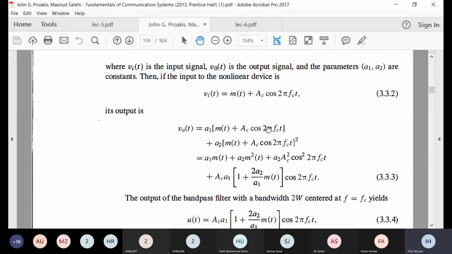So you can see you will be getting these two terms, and then 3 terms will come from the (A plus B) whole square term. So this comes from the square terms, and you will have one term m f1 of t, but this term will have a carrier at fc, as well as the other term 2ab will also have a frequency at fc.